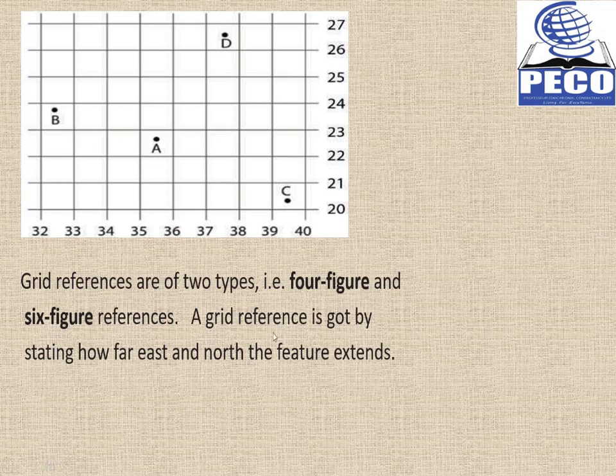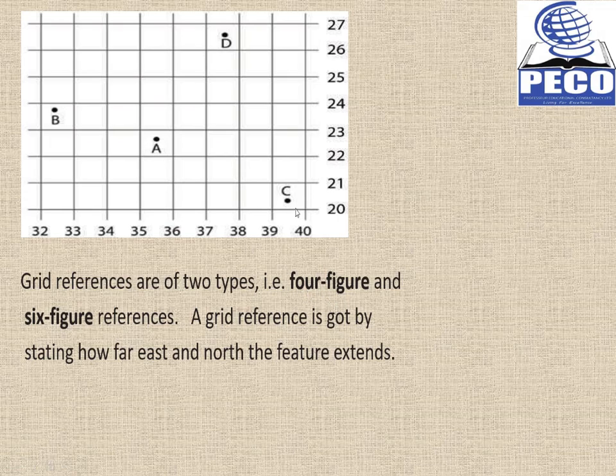So by stating the 6-figure grid reference, we are exactly getting to the actual location of the feature. The 4-figure grid reference only gives us the estimated location, or in which grid square the feature exists.